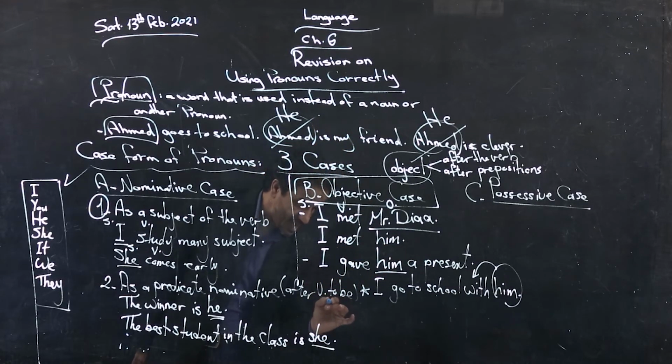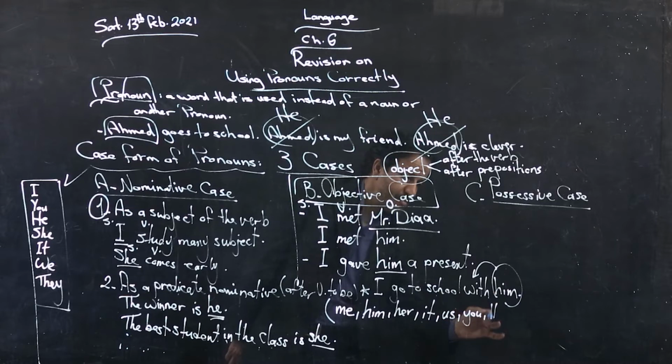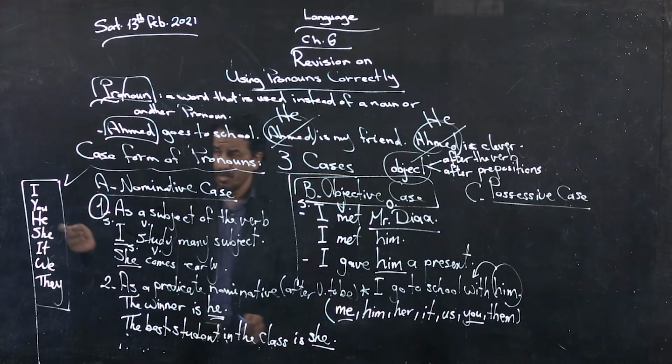The pronouns in this case are me, him, her, it, us, you, and them. These are the pronouns that come in the objective case. If we look here, the nominative case I, the objective case is me. You, you.